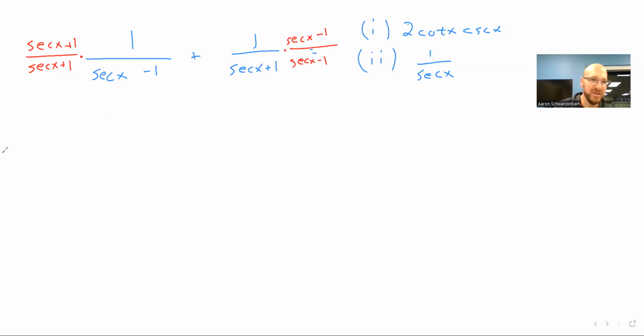Giving me secant x plus 1 times secant x minus 1. Those are conjugates. So that's secant squared x minus 1.